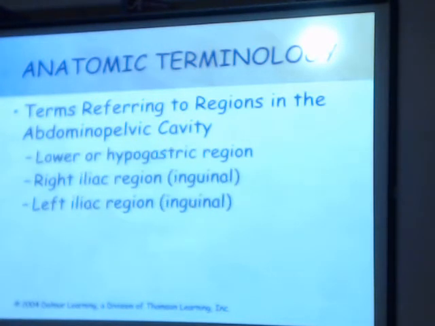Then you have your lower hypogastric region, your right iliac, and your left iliac region, which would be the lower section. But for our class purposes, we are really going to look at the upper right, upper left, lower right, lower left, as far as how we describe things, because that's kind of how your organs are more likely to be housed.